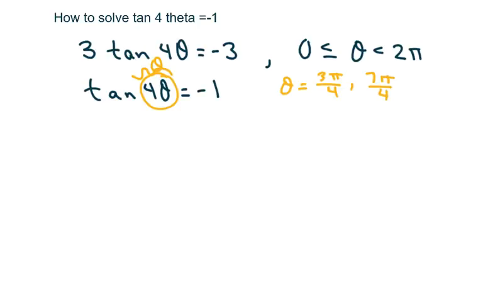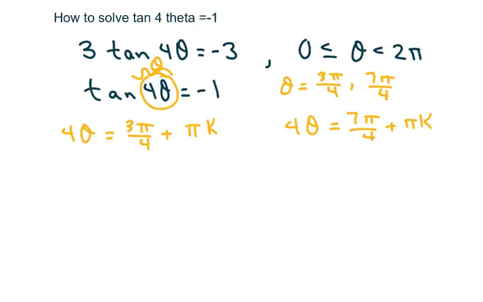So since we don't have theta, we have 4 theta, we're going to set 4 theta equals 3 pi over 4 plus, tan is only, the period is pi, so pi times k, or k pi, and 4 theta equals 7 pi over 4 plus pi times k, or k pi.